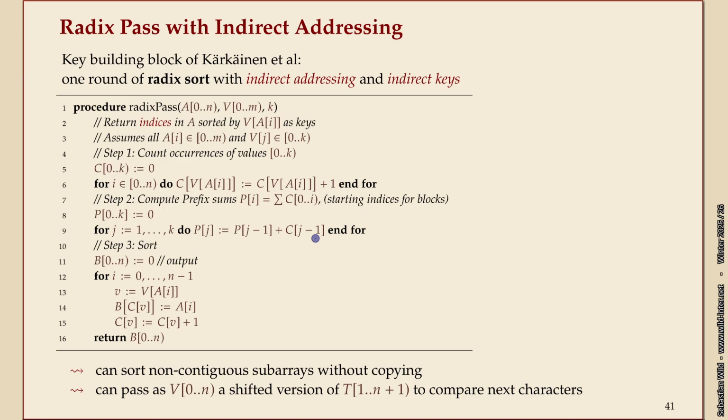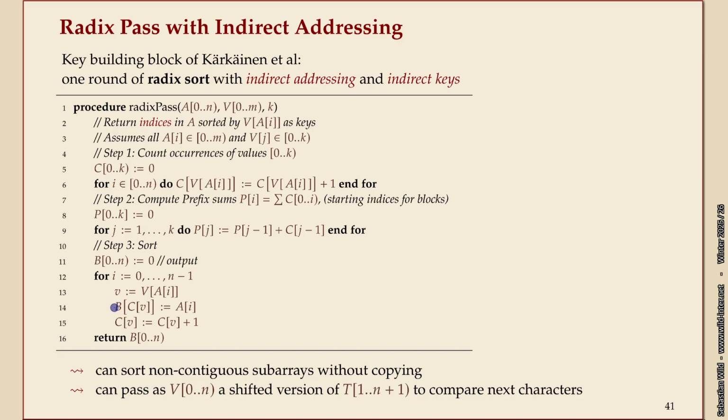sums of the counts. And then for the sorting, we create a new array as output where we put the indices in. And we go through the range of values of indices, pick the first, and write as many copies of that into, so we go through the unsorted input and write that value at the right position.